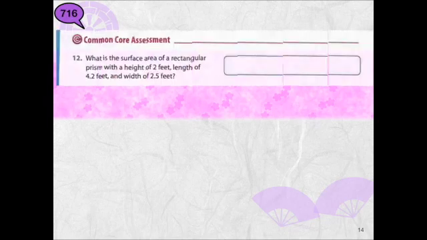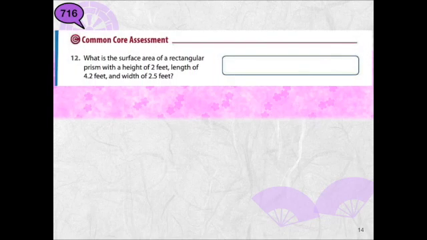Okay, let's answer some problem solving on page 716. So number 12. What is the surface area of a rectangular prism with a height of 2 feet, length of 4.2 feet, and width of 2.5 feet?